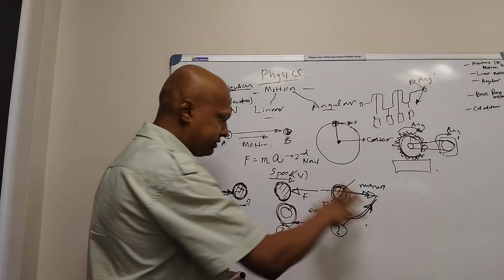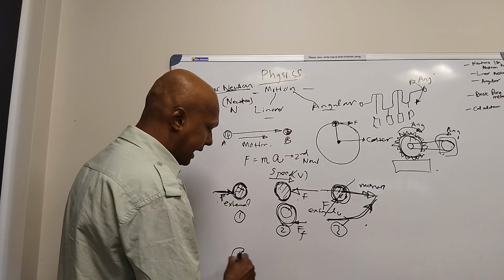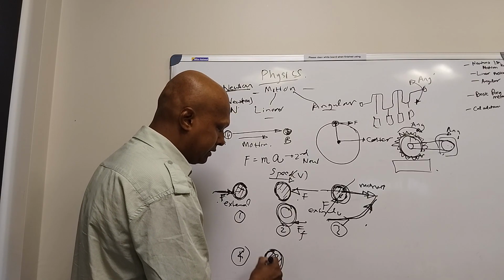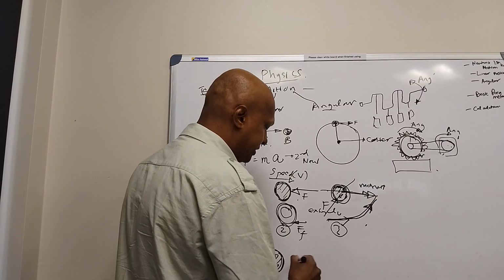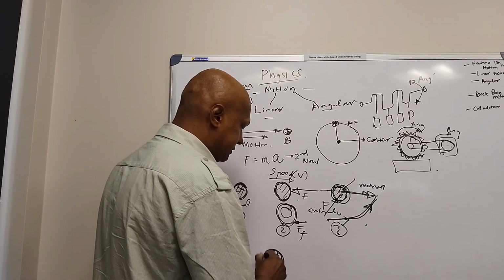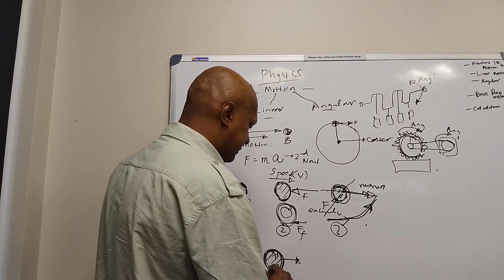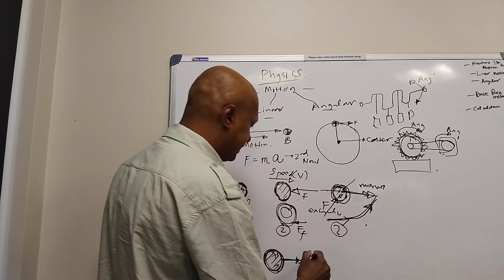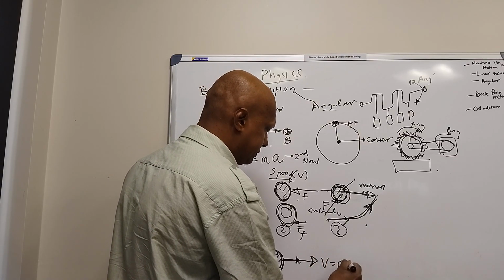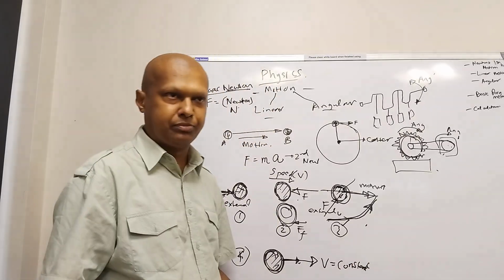Or if these scenarios do not apply, then that object has to be going at a constant speed. Constant speed means the velocity is constant. Well, that's just a basic idea.